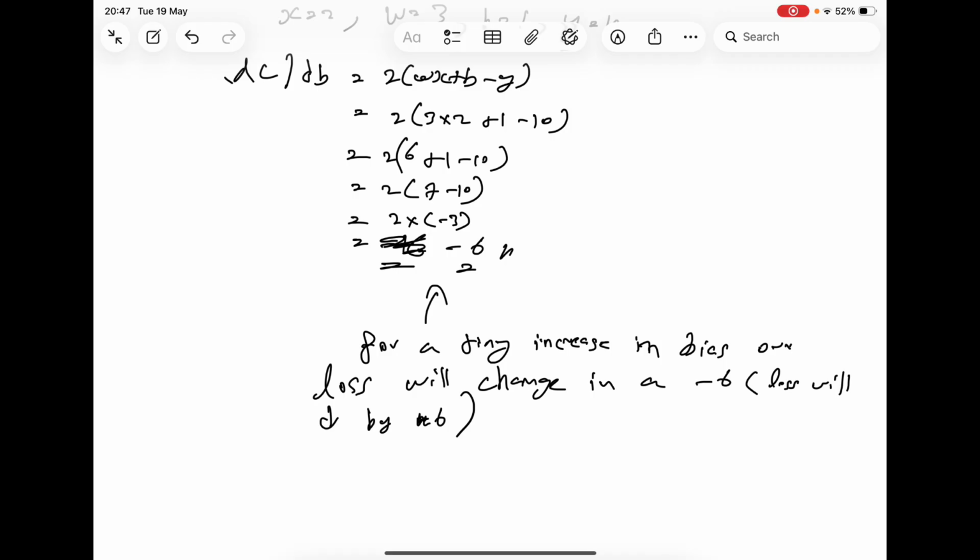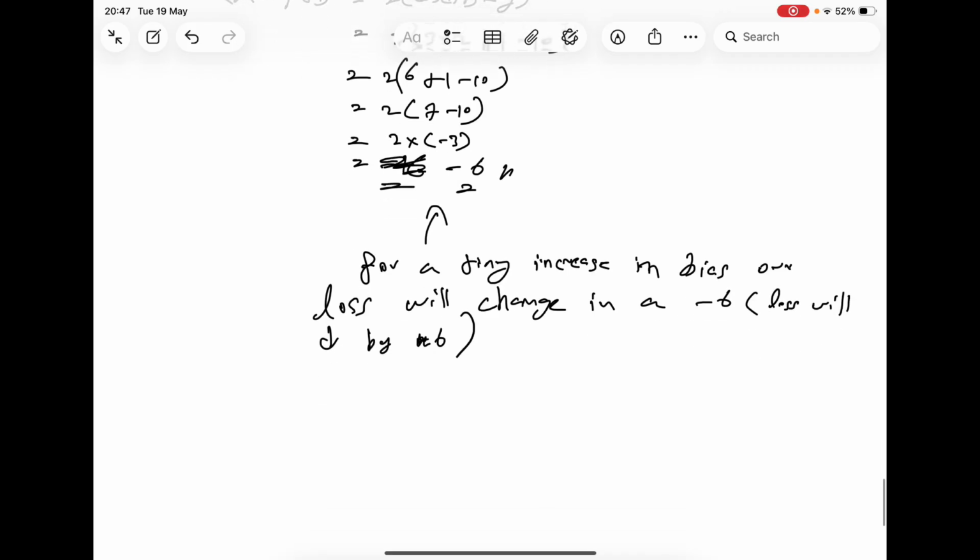Right, now we have everything we need to adjust our weight and the bias. Now what we need to do is just take our learning rate and multiply it and reduce the weight and bias. That's what we are going to do next, which is our final step.